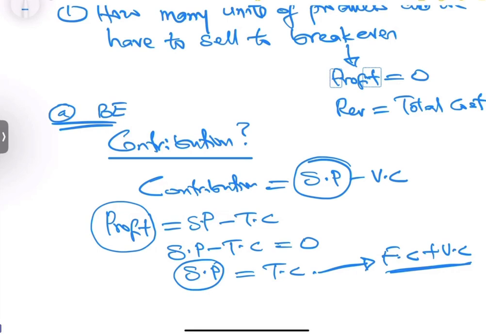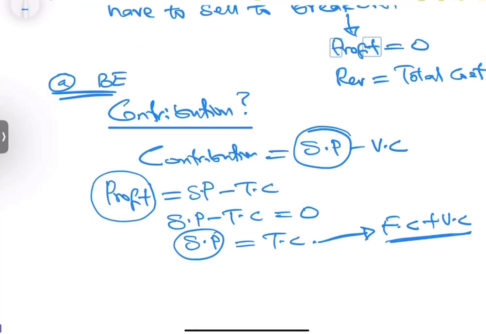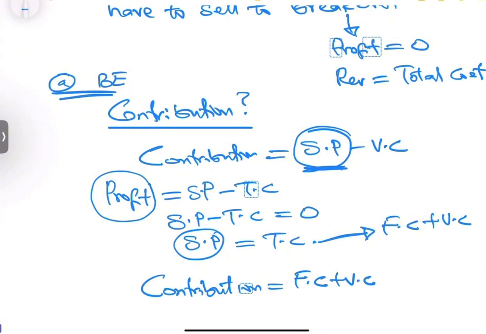So this selling price, we can actually just put it here, because we already know the formula is fixed cost plus variable cost. Which means that contribution is equal to, instead of putting this selling price, I'll replace it with fixed cost plus variable cost. So contribution equals fixed cost plus variable cost, then this continues, minus variable cost.